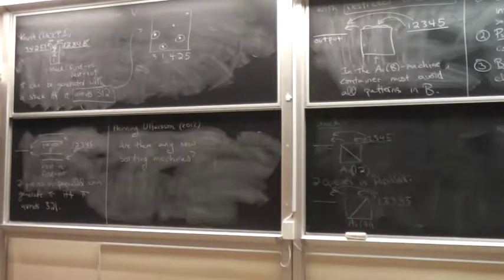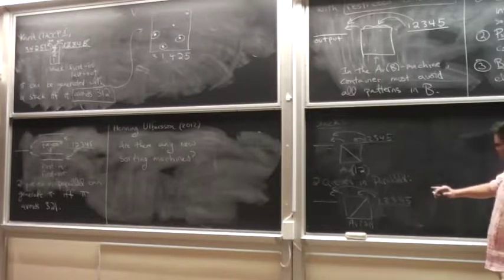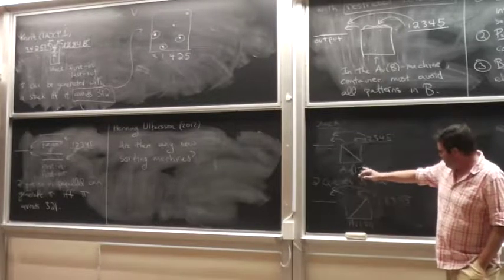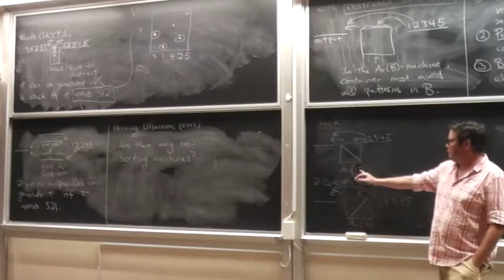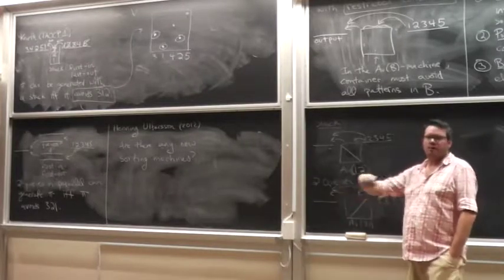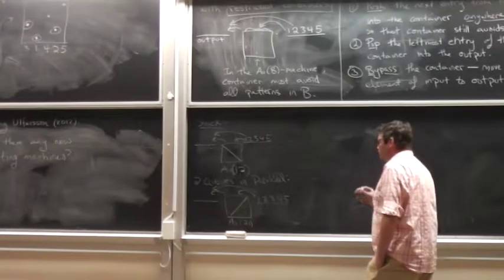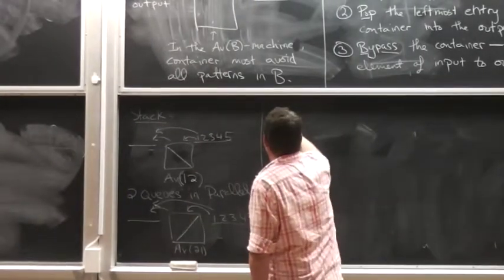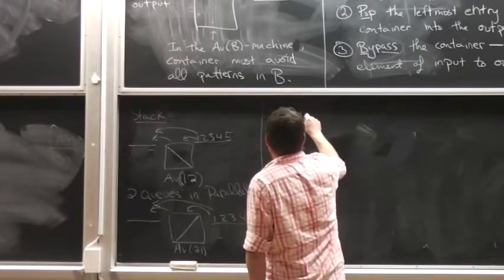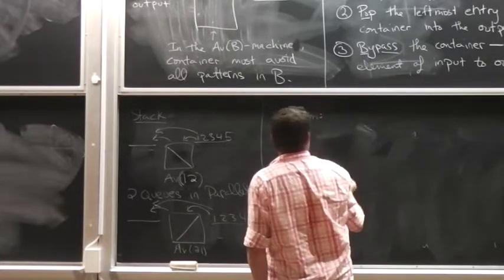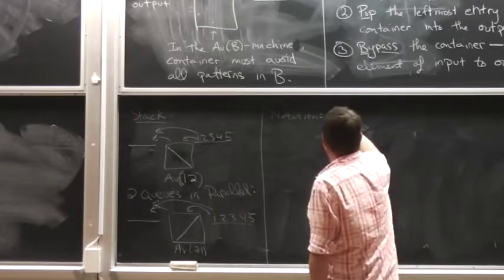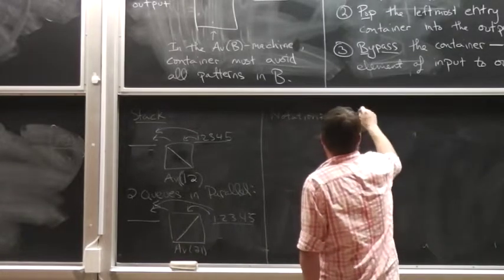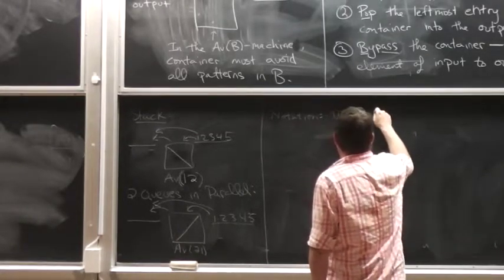Okay. So what we'd like first is a theorem that relates what the container is avoiding to what the permutations we generate are avoiding. So just a little bit of notation. Okay.